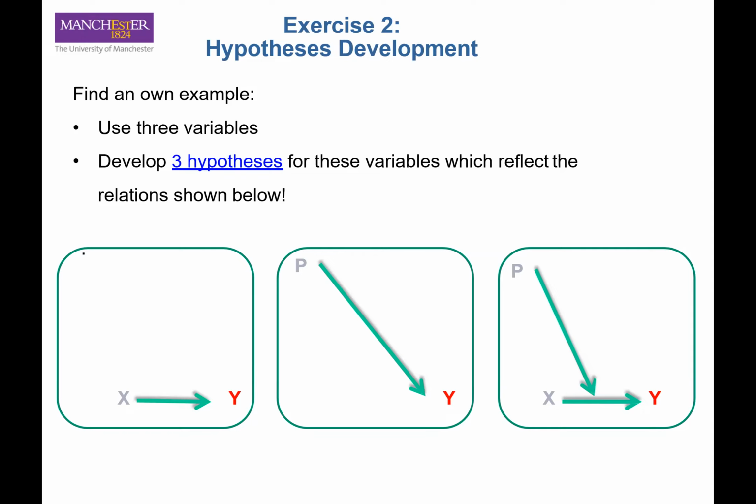Similar to the earlier example, the first is X and Y at the diary level, and the second is P to Y, the moderator to the outcome variable, which is cross-level. The third one is the moderating effect: P, the moderator, affecting the relationship between X, the independent variable, and the dependent variable.